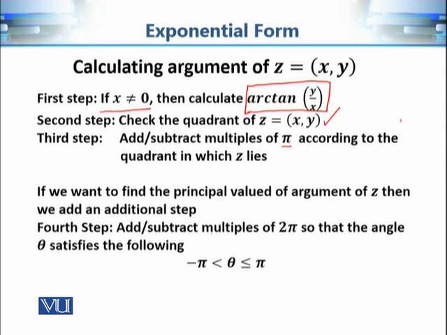Now this is the value argument of z. Now further, if we want to find the principal value of argument of z, then we add or subtract multiples of 2 pi such that your angle theta lies in this interval. So these steps tell us how to calculate the theta coordinate or argument of a complex number.